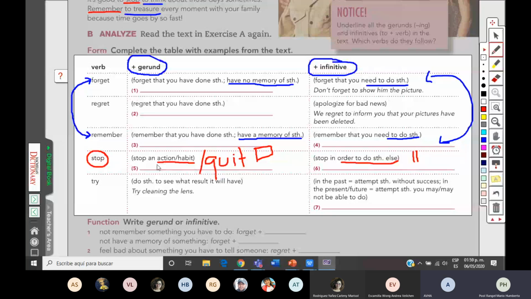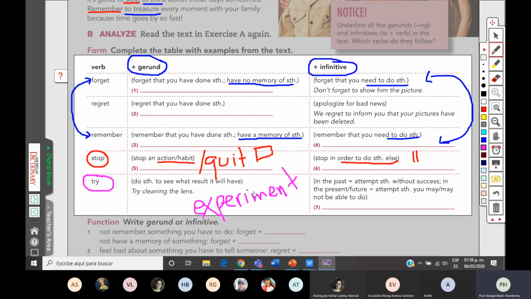Entonces eso es con stop. Con try, pudiera dar un poquito ahí también de dolor de cabeza, porque es muy similar. When we try doing something with gerund, is to see what happens, you know, as almost like an experiment. Like, well, pues vamos a ver qué sale.